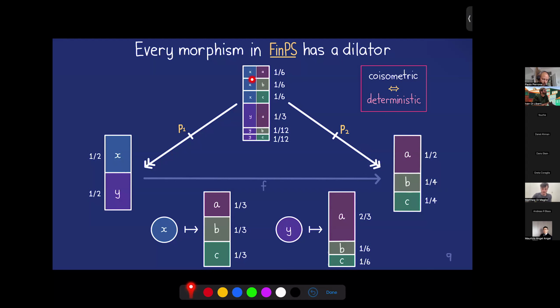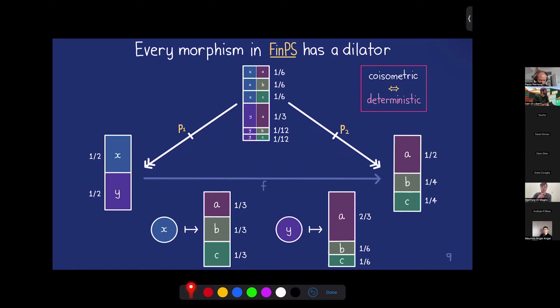So it would send the pair XA deterministically to X, and the pair YA here would be mapped by this one deterministically to A.